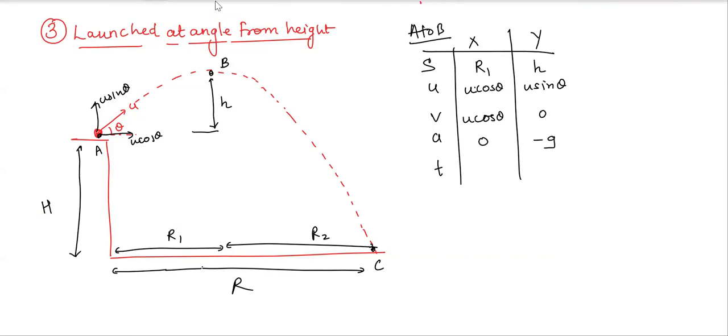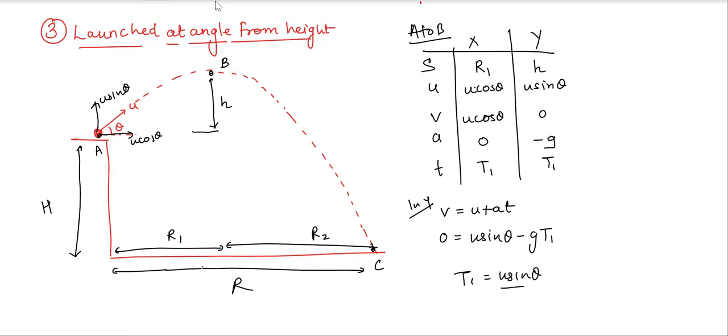Time period, let it be t1. Okay, so in y direction, v is equal to u plus at. I will get 0 is equal to u sine theta minus g t1. So t1 will be u sine theta upon g.